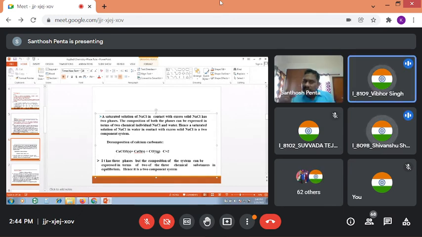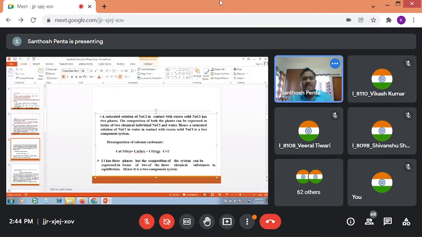Carbon dioxide only, because this is the standard, experimentally proved reaction. The decomposition of calcium carbonate produces calcium oxide and carbon dioxide only, no doubt at all. Now, calcium carbonate minus carbon dioxide gives rise to? Calcium oxide. Very good.